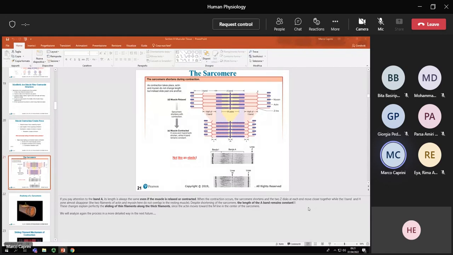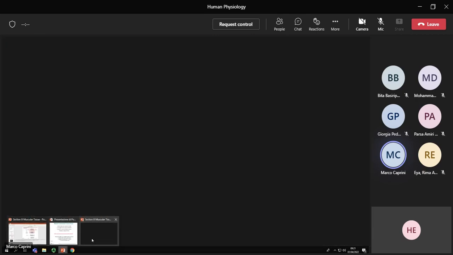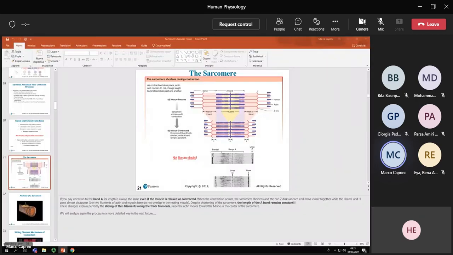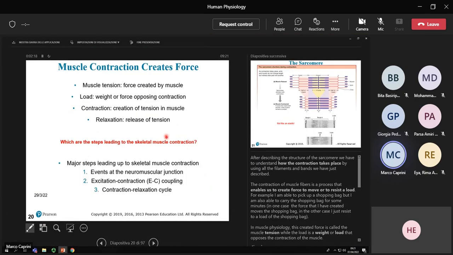We were saying that we will start to talk again about this one. Good morning. Different events. So the first event at the neuromuscular junction, then the excitation contraction coupling, and then the contraction or relaxation cycles. So we know everything about the events of the neuromuscular junction.